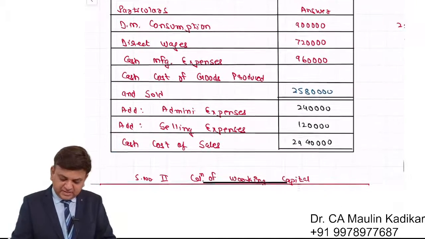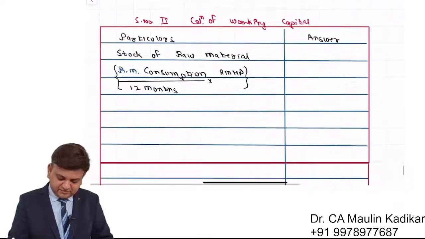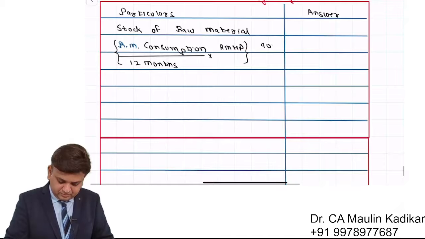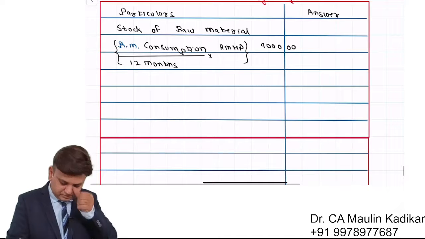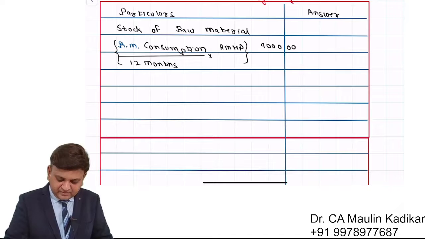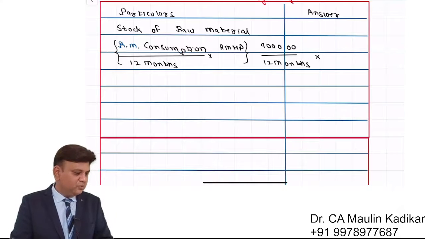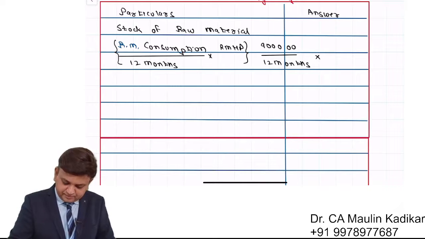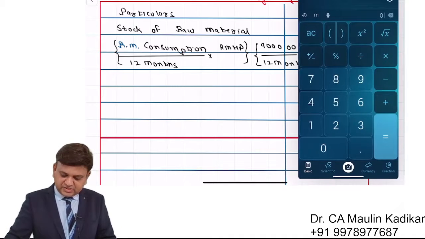The consumption for the entire year is an amount of 9 lakhs divided by 12 months into raw material holding period, which is provided to us as 1 month. So it is 9 lakhs into 1 divided by 12. That comes to 75,000.